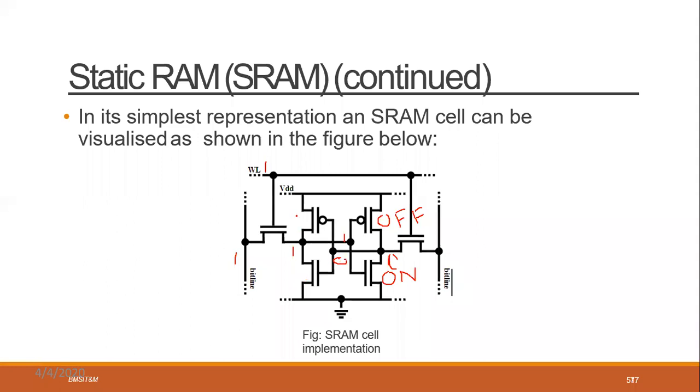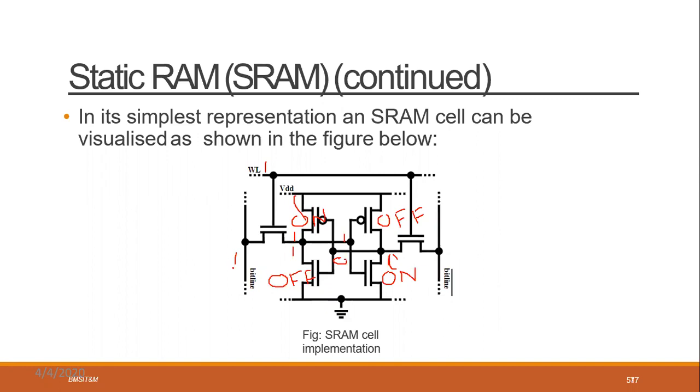On means VDD is connected to here, so this will now be 1.